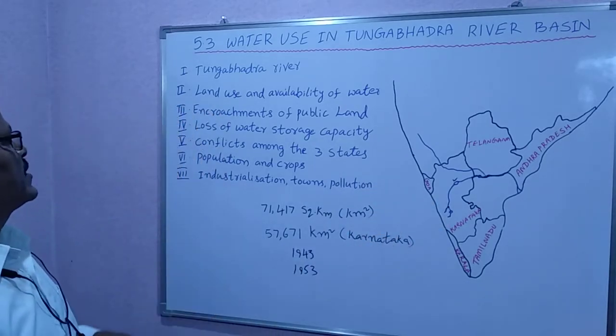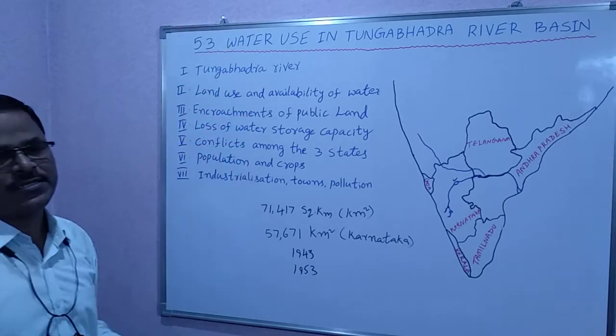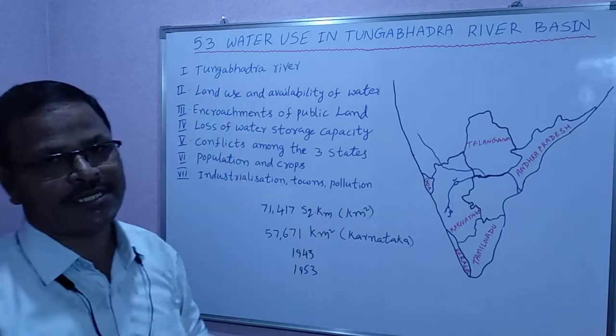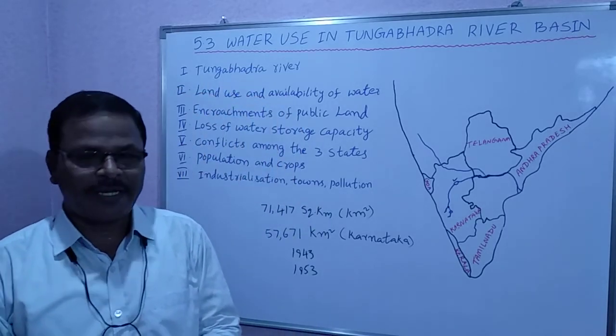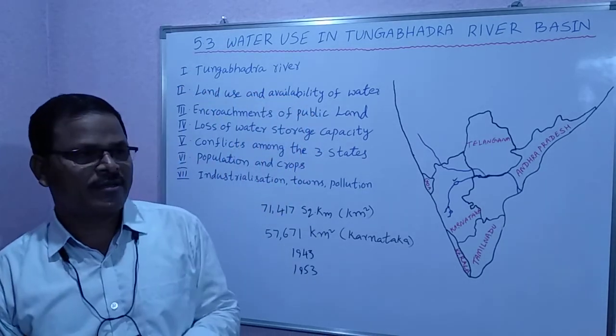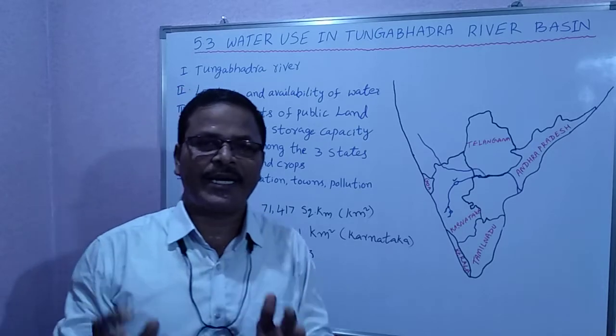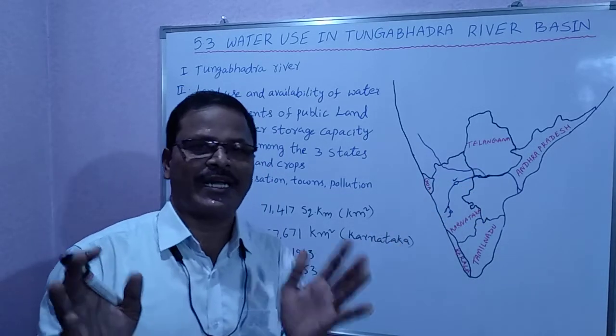Our next point is land use and availability of water. According to official statistics, farmland is a major land cover in these three states. Farmland means agricultural lands.